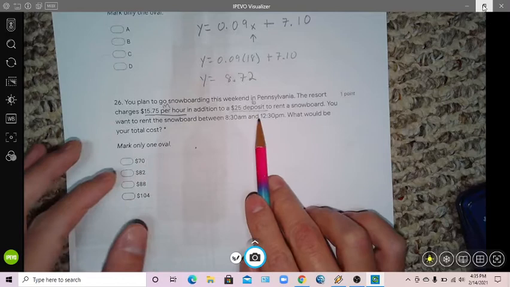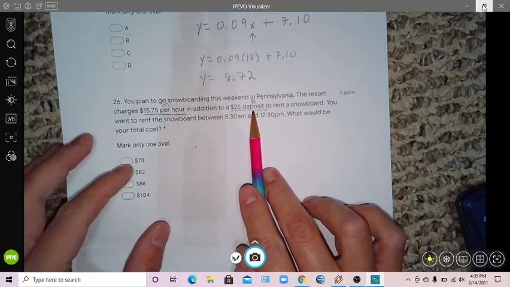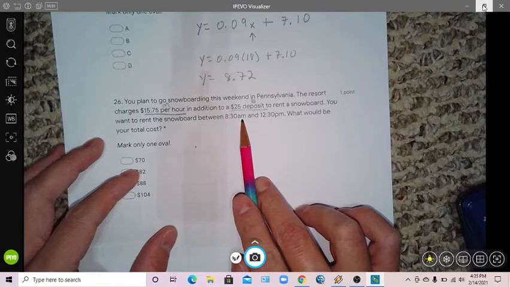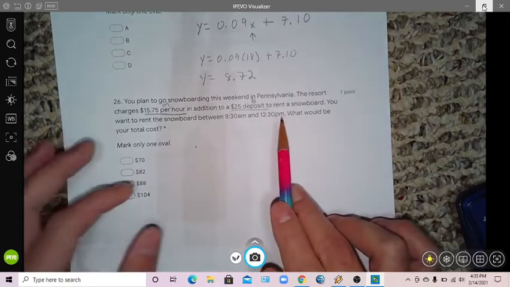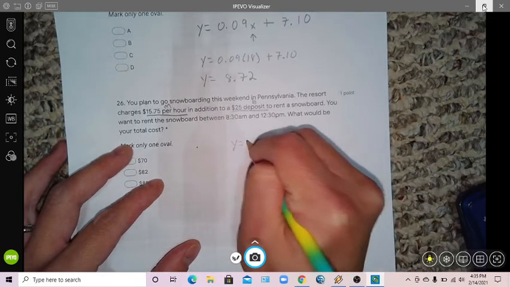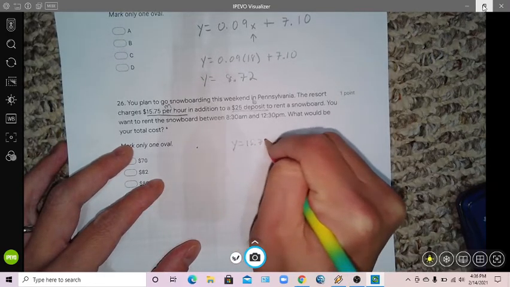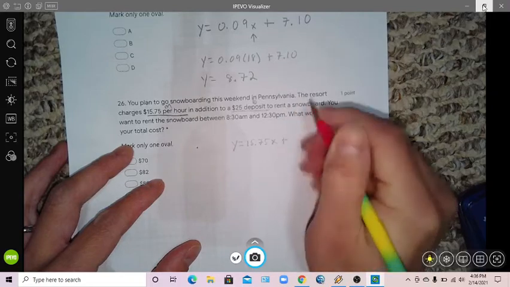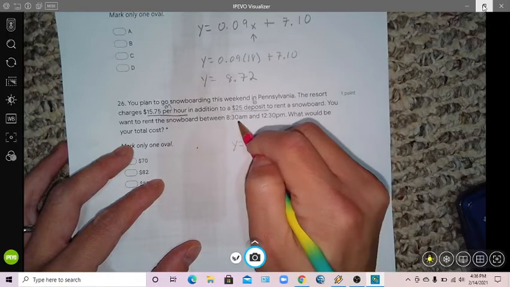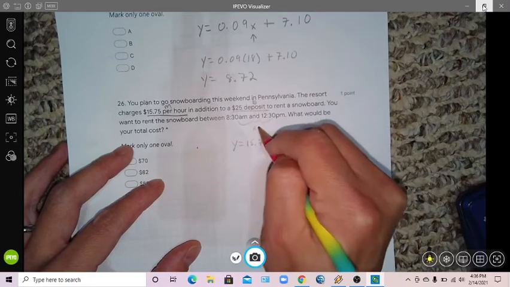So the initial charge at time 0, you have to pay $25 right away. It looks like from 8:30 to 12:30, 8 to 12, that's 4 hours. So your equation is y equals 15.75x plus 25. And here, x equals 4.